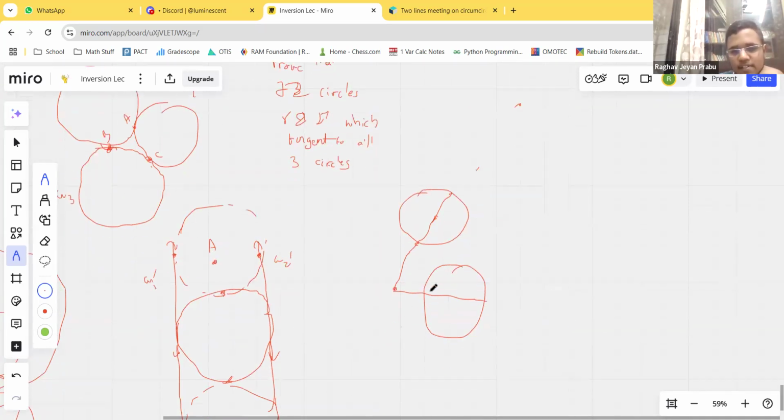And in this circle, this point is closer, right? So this will go somewhere farther and this point will be much closer here. So now if you can see these two circles, they have different diameters and hence they will have different radii.